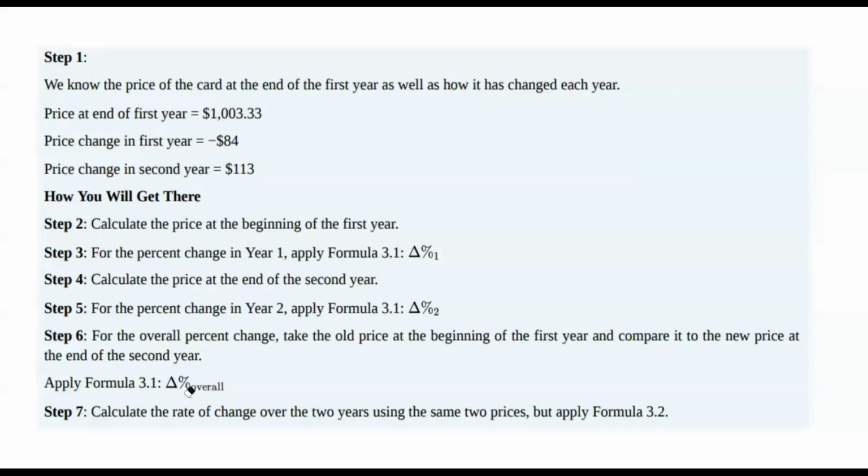That's what they're telling you: apply the percent change formula. Lastly, for the rate of change over the 2 years, you'll have to apply the very difficult formula, the logarithmic one that has a square root and so on inside. Right, so let's see the solution.